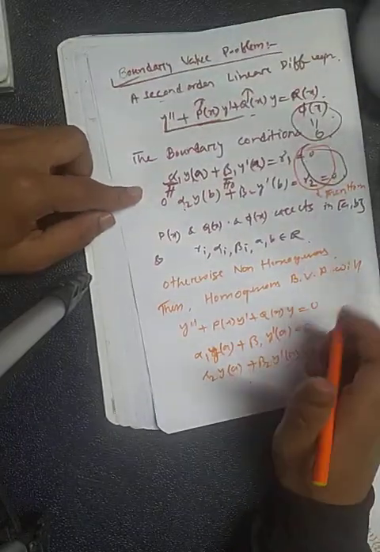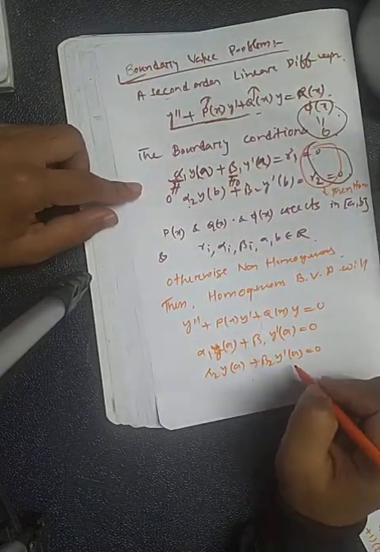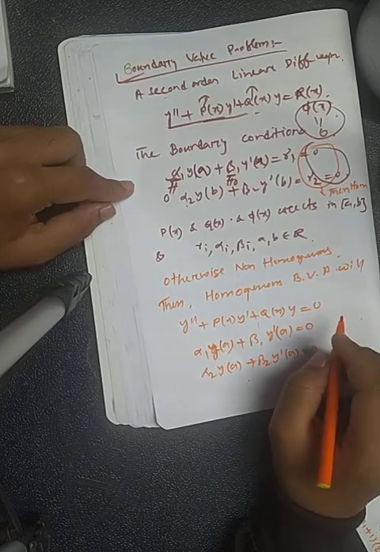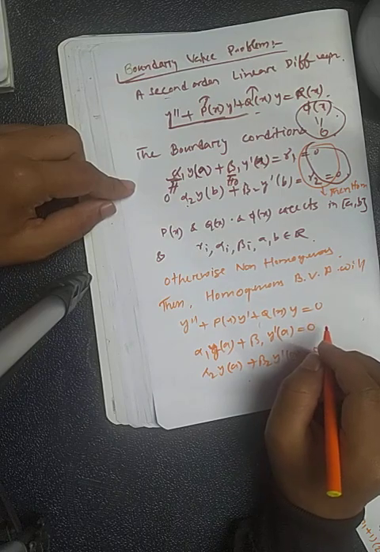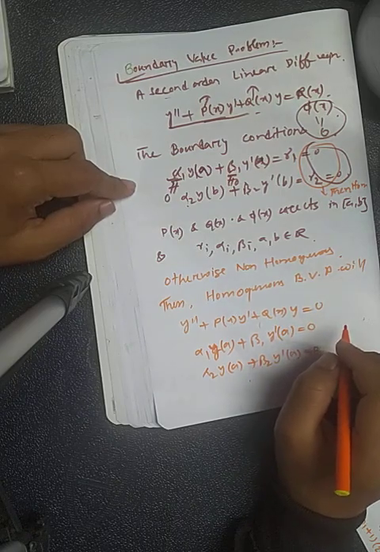So this is our homogeneous boundary value problem.